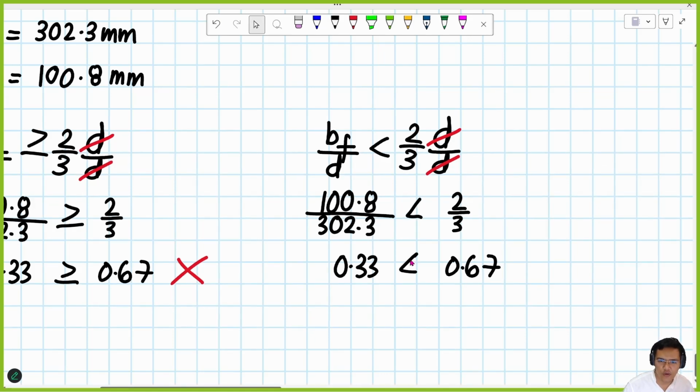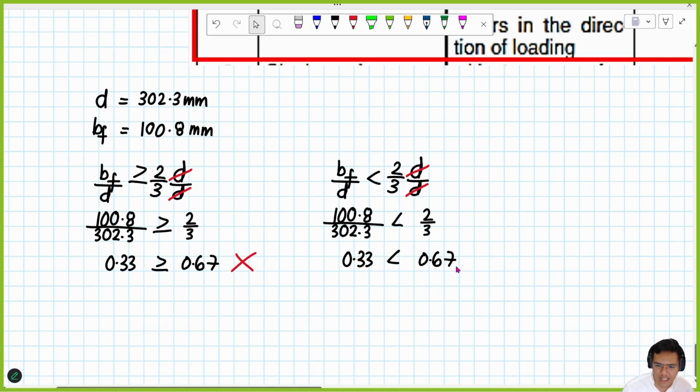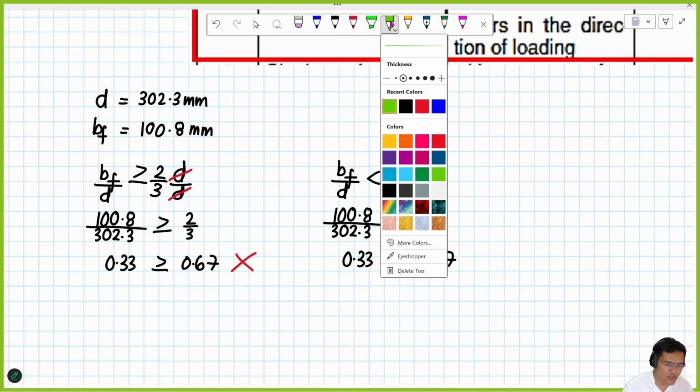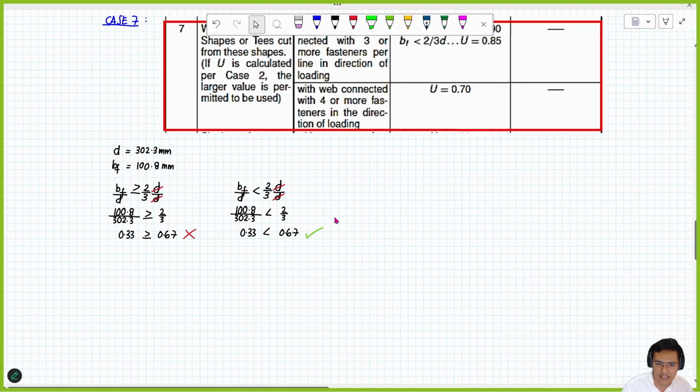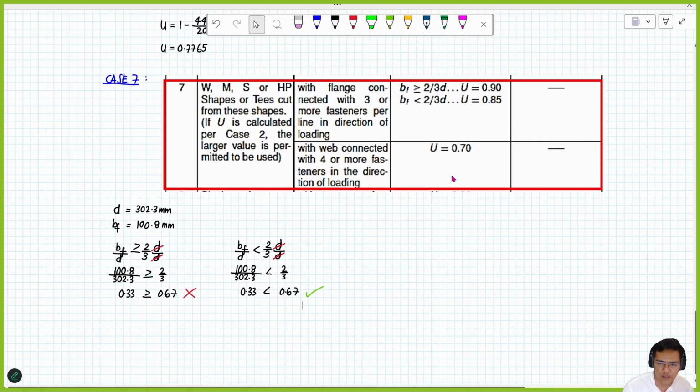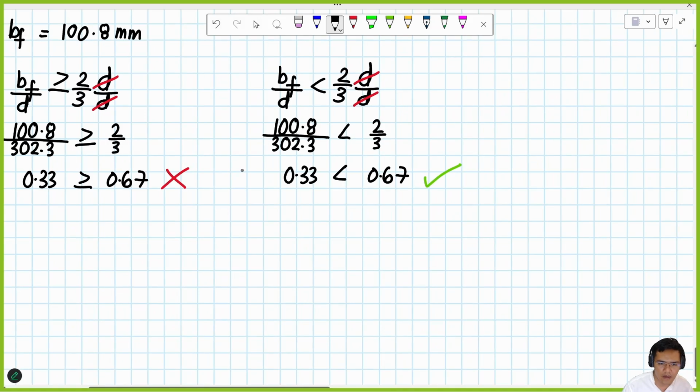Now, common sense to na wala na tayong babaguhin. 0.33 is less than 0.67. So meaning, itong equation na to na-validate natin, dun siya magpo-poll. So ibig sabihin, ang conclusion natin, yung shear lag factor natin for case 7 is equal to 0.85.